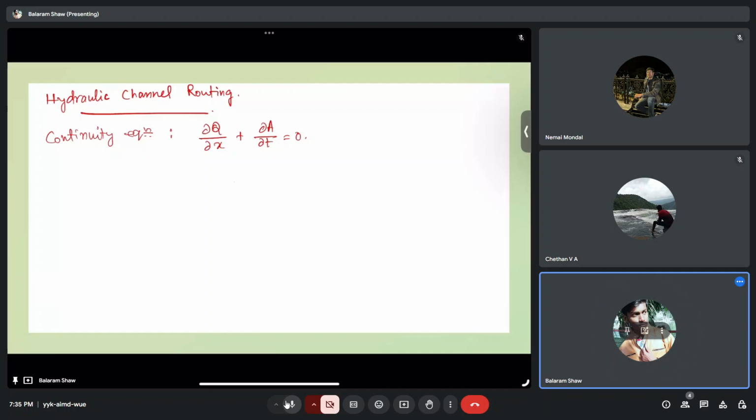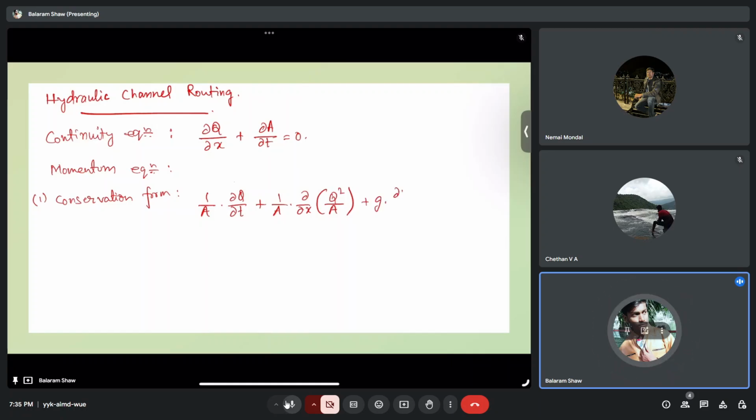And the momentum equation in the conservation form was written as 1 by a into del q del t plus 1 by a into del x of q square by a plus g into del y del x minus g into s naught minus sf equals 0.